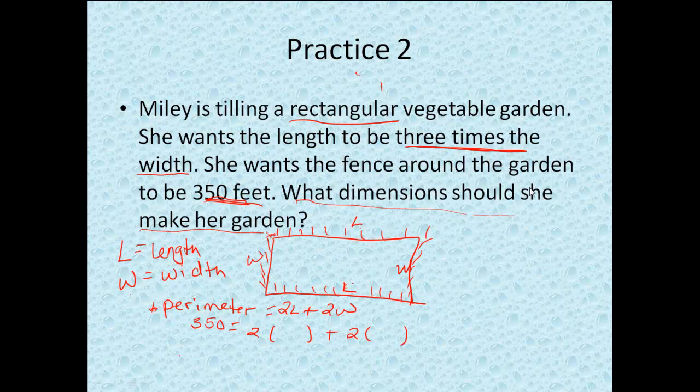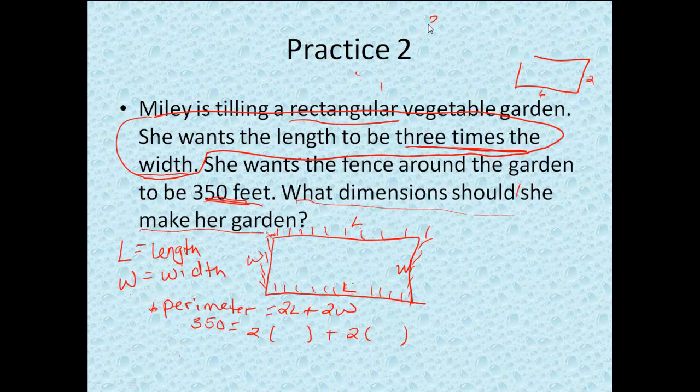Well, if I'm not sure what that means, I'm going to do a simpler case. She wants the length to be 3 times the width. I'm going to pretend that in my vegetable garden the width is 2. If I want my length to be 3 times the width, that means my length would have to be 6.